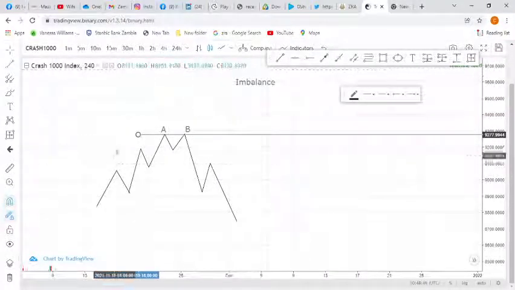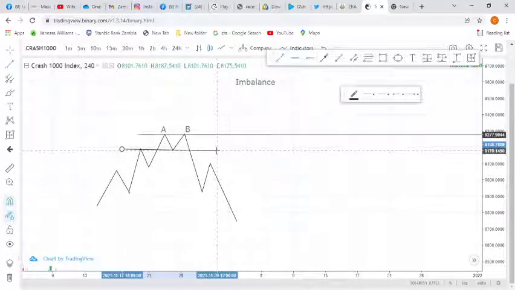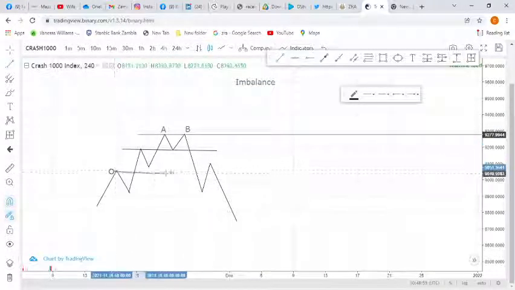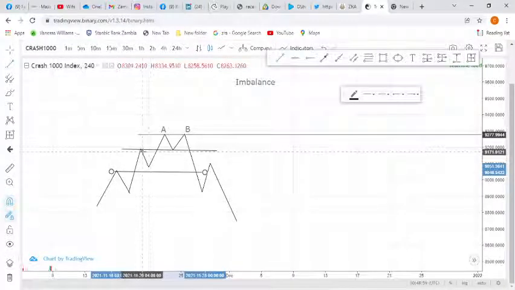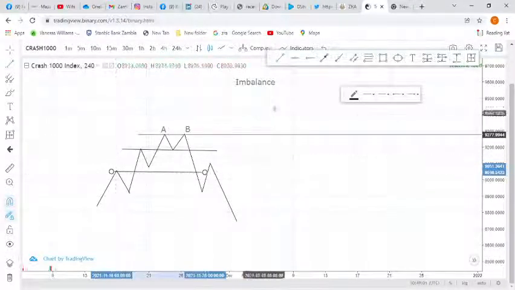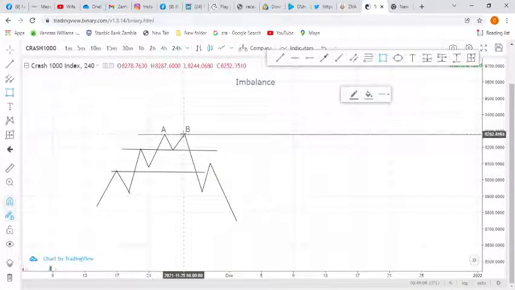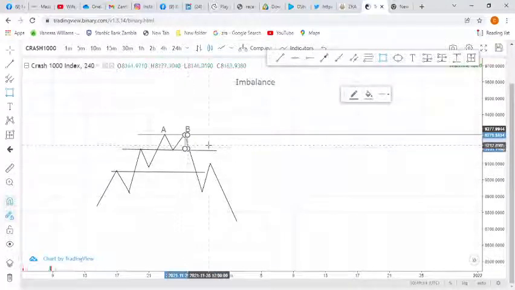It broke this previous high here, and the market also broke this previous low here, and it broke another previous low here. In most cases, you even see similar kinds of candles being formed.